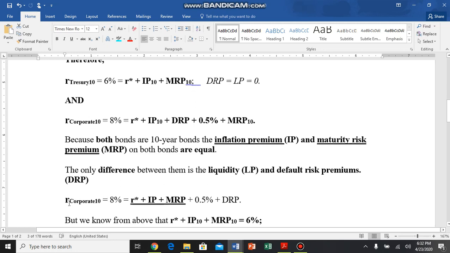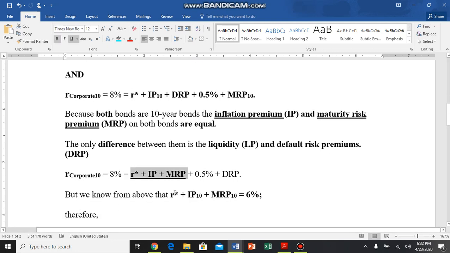Therefore, we can say, as we saw here, that this part, both in the corporate and for the treasury, is equal one to the other. Okay, the only difference will be that part, and therefore we know that the nominal rate for the treasury bond is 6%.